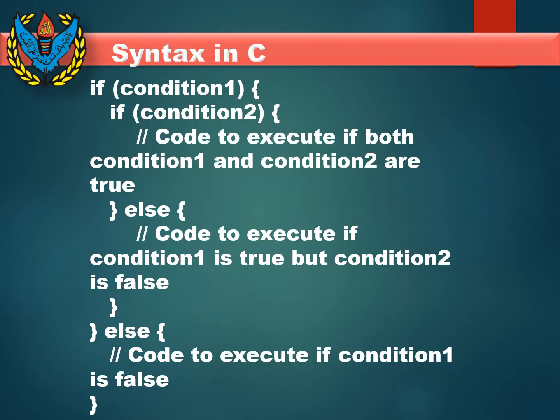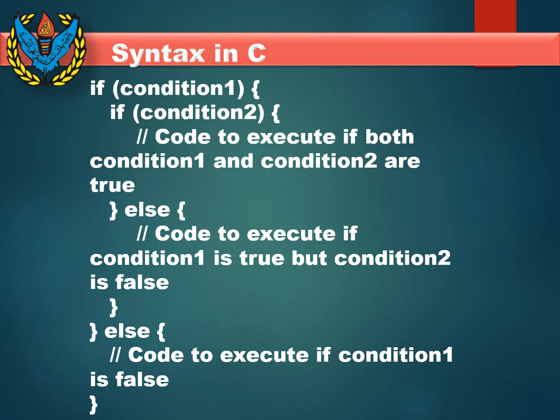Now take a look at the syntax of the nested if-else statement in C language. If condition 1 is true, then the control goes to condition 2, that is the inner if. If both conditions, condition 1 and condition 2, are true, then the code following these two conditions will execute.